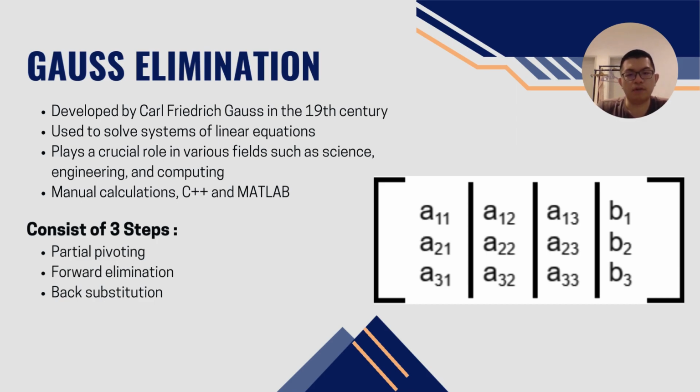Through a sequence of elementary row operations like adding or subtracting rows and pivoting, Gauss elimination transforms these matrices into a more manageable row echelon form. This systematic process paves the way for back substitution, ultimately yielding solutions for the unknown variables.